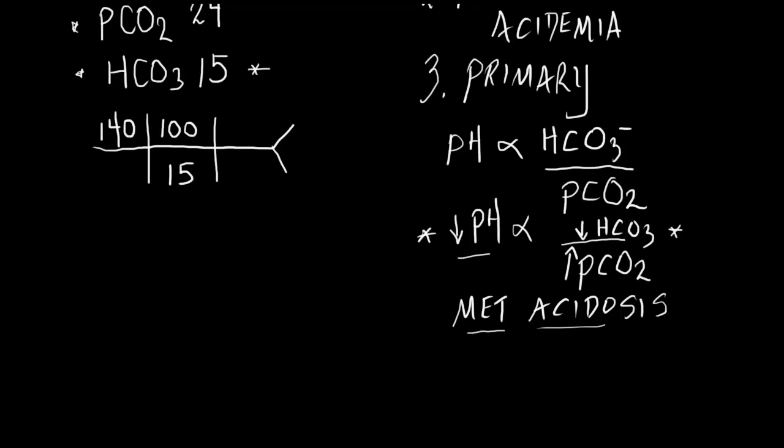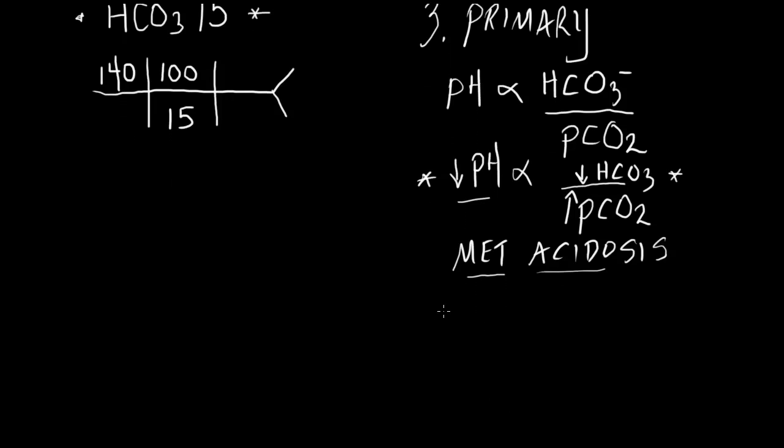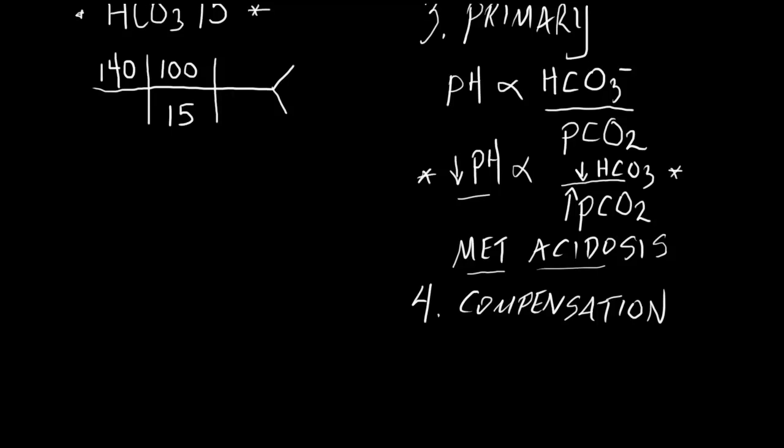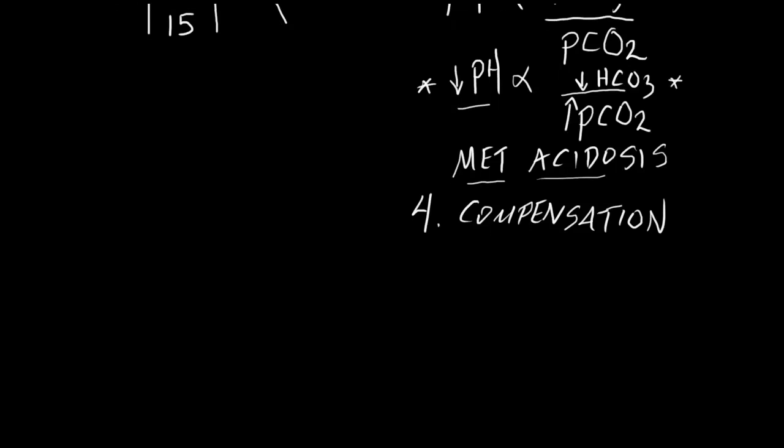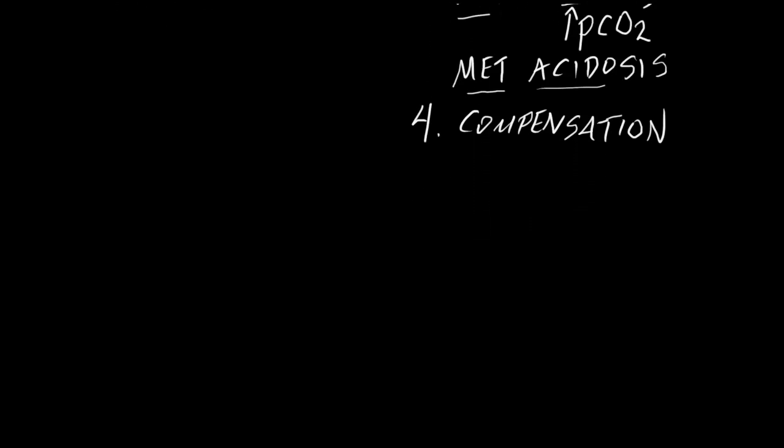The next step is going to be figuring out what the compensation is. So what's our compensation? Remember, the body compensates for a metabolic acidosis using the respiratory system. And so we are going to compensate by increasing our respiratory rate or increasing our tidal volume.